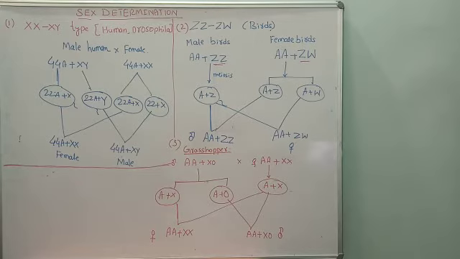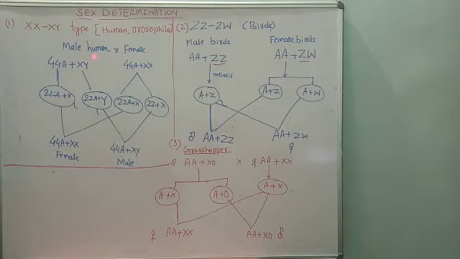First, in the human, as we know, the male is heterogametic. Why is the male called heterogametic? Because the male human possesses two kinds of gametes, carrying X and Y type of chromosome.